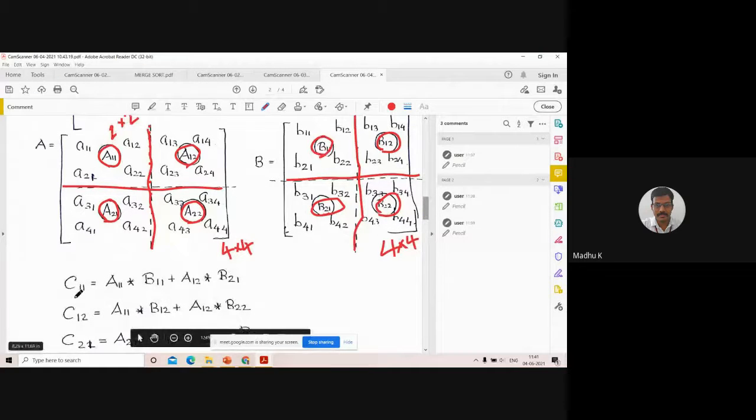Next, how can we calculate C11? Note here, C11 is equal to A11 into B11 plus A12 into B21.